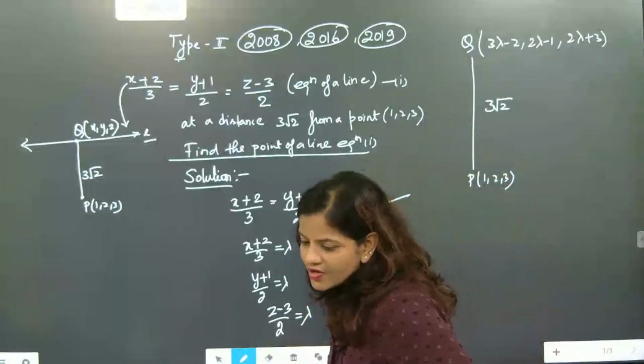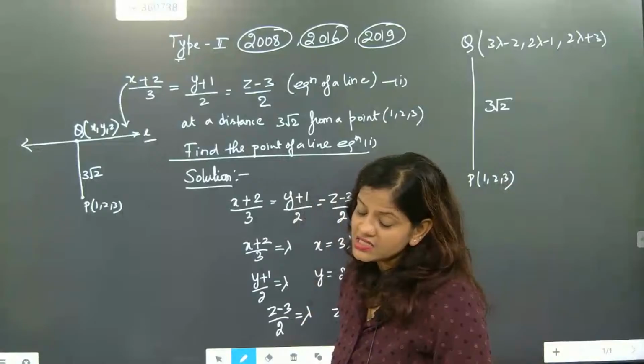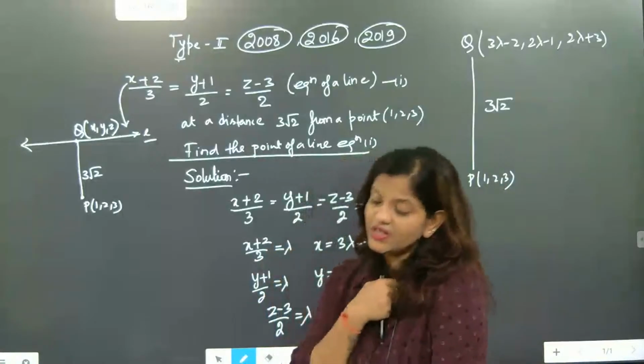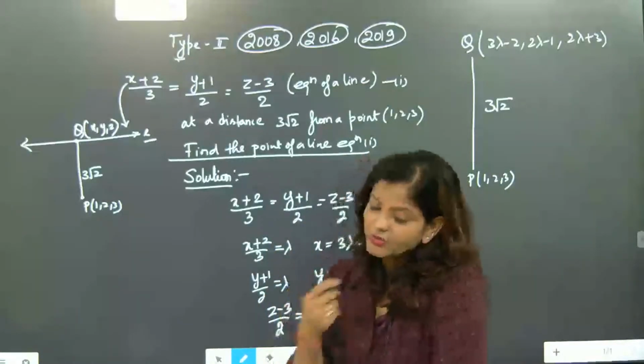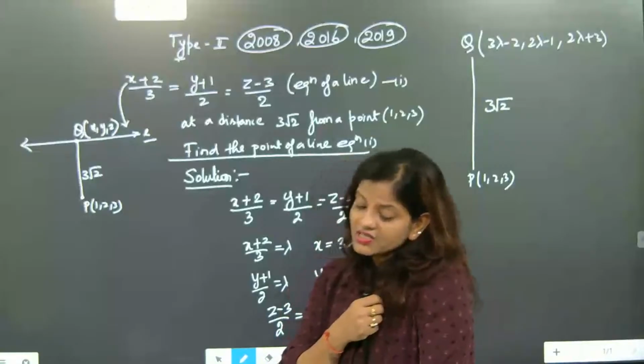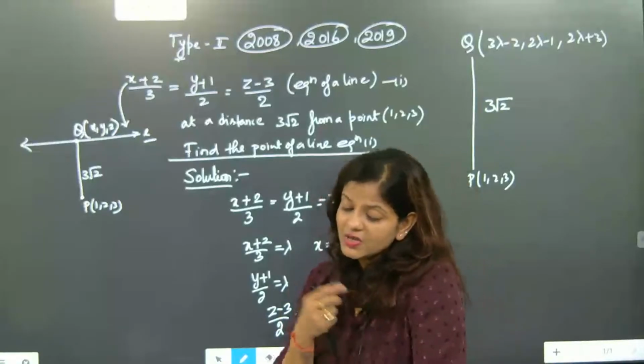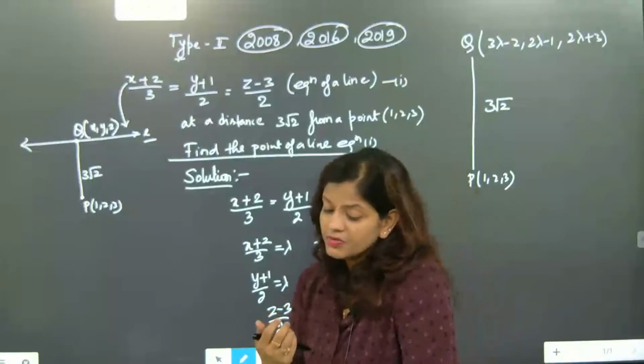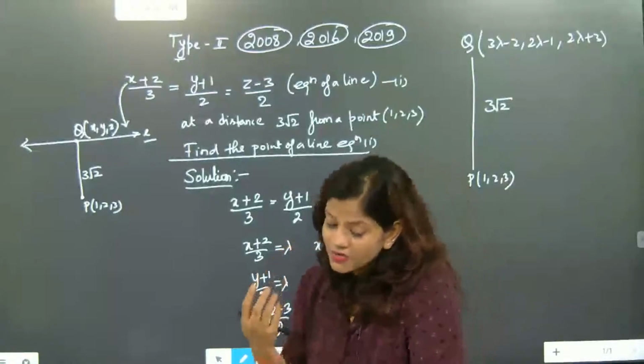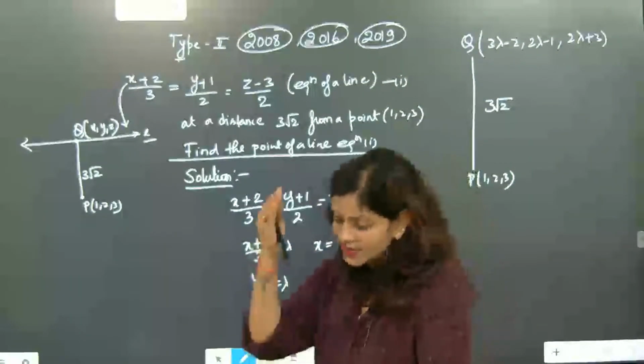Whenever they ask for the shortest distance from a point, it will always be the perpendicular distance. Always remember beta, the shortest distance will always be considered as the perpendicular line in a straight line.